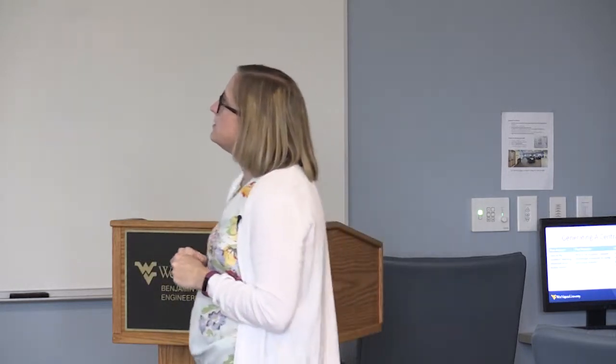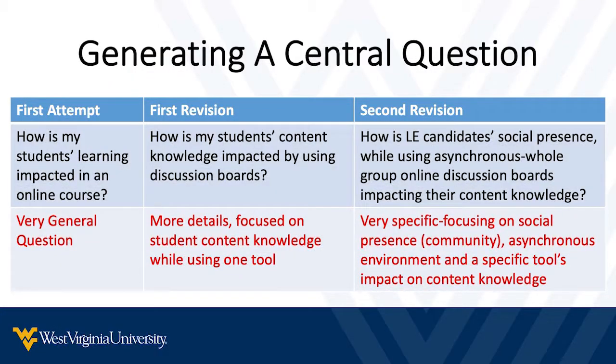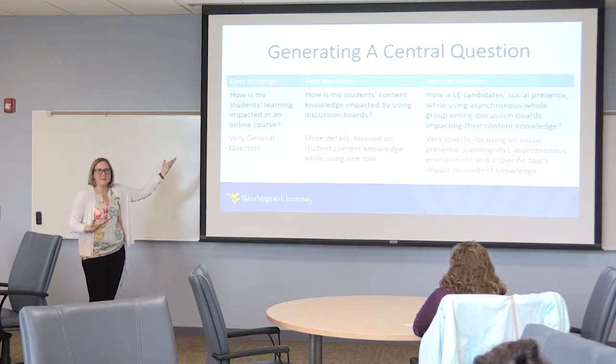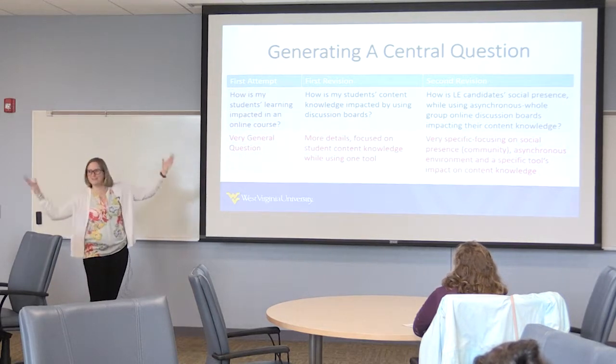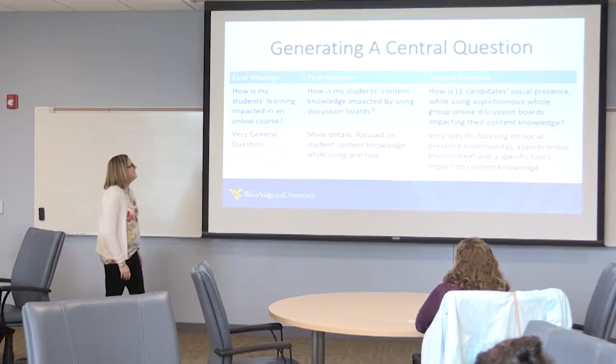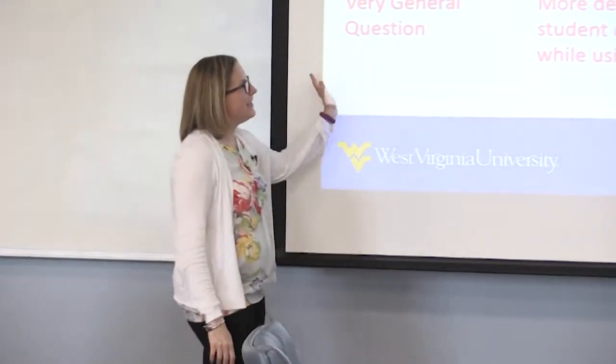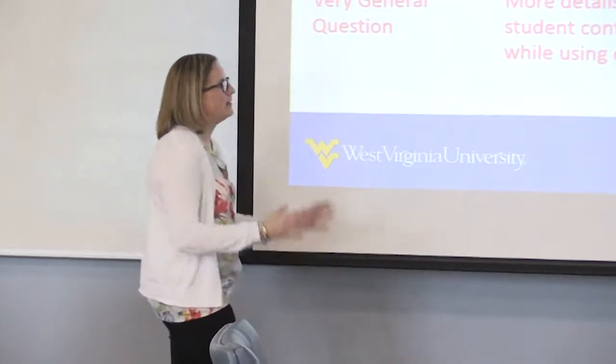So when you're thinking about generating a central question, over here I have my first attempt. This is what I wanted to know. How is my students' learning impacted in an online course? This is really general and vague, right? It's hard to write about that because there's just so much that could happen there. And as researchers, we want all that stuff to happen, but we need to take it and revise it a little bit. And so I got a little bit more specific.